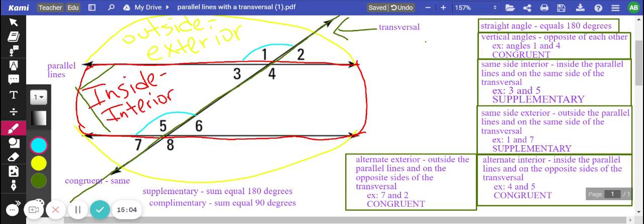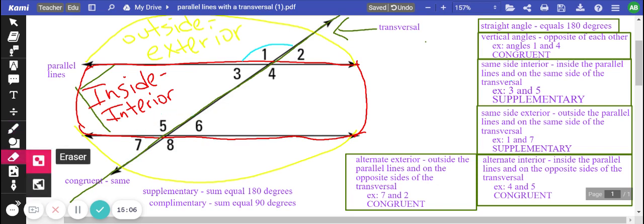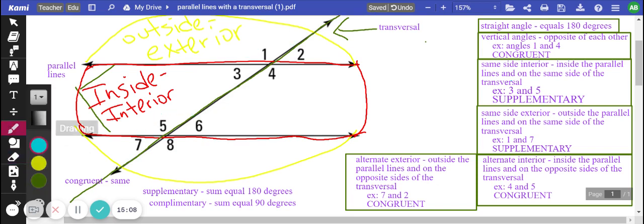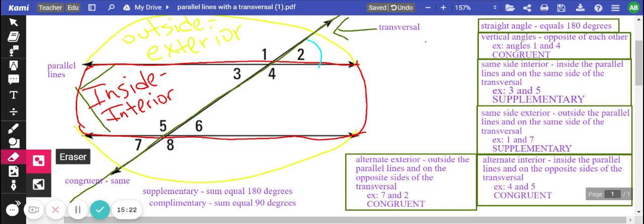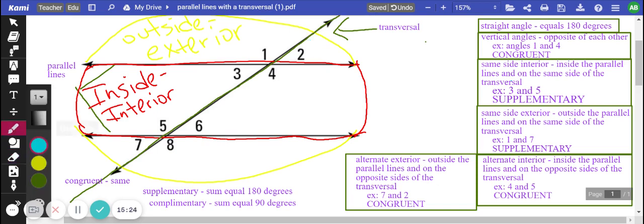We could also do angles 6 and 2. They would be corresponding angles. We could also do angles 8 and 4.